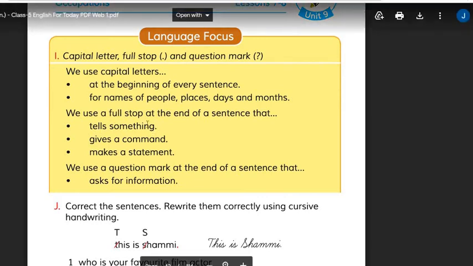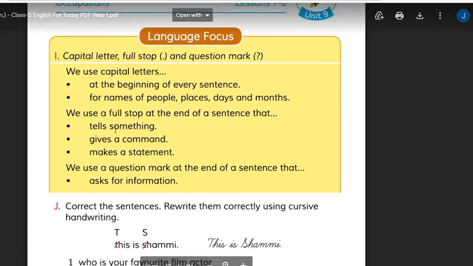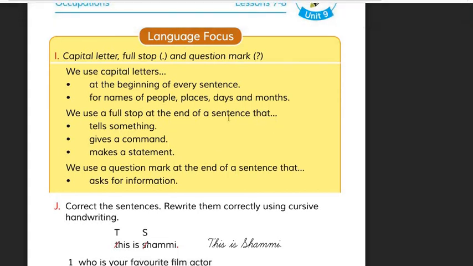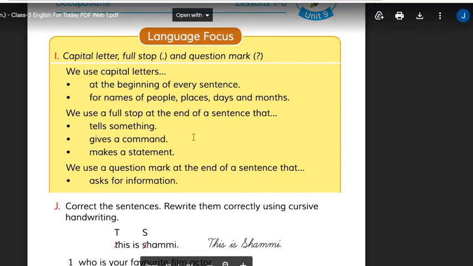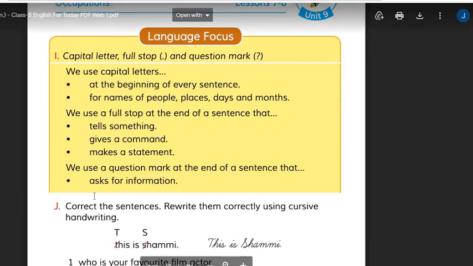And when do we use full stop? We use a full stop at the end of a sentence that tells something, that gives a command, that makes a statement. And we use a question mark at the end of a sentence that asks for information.